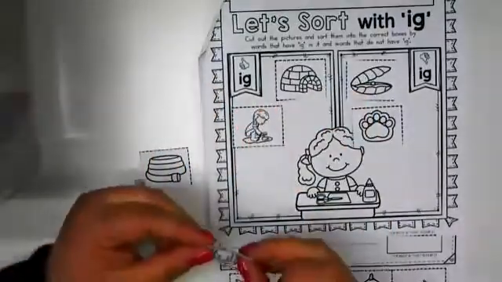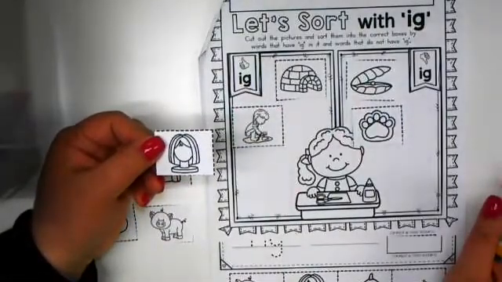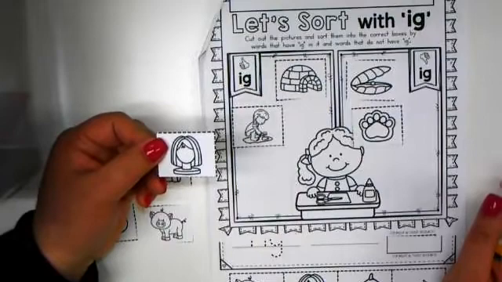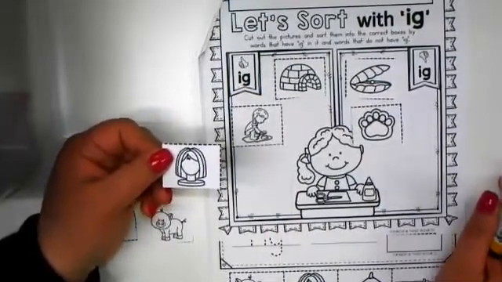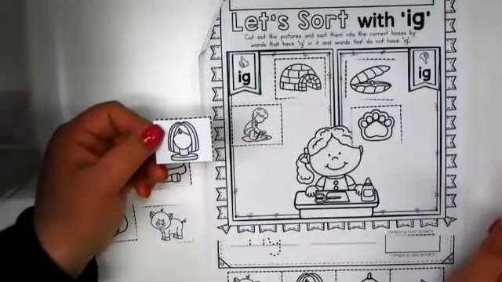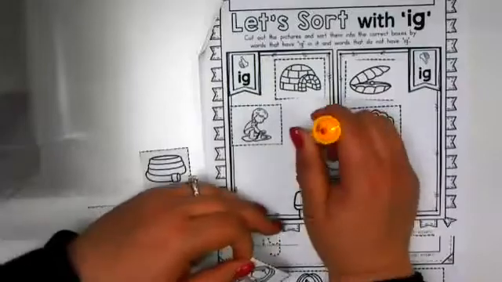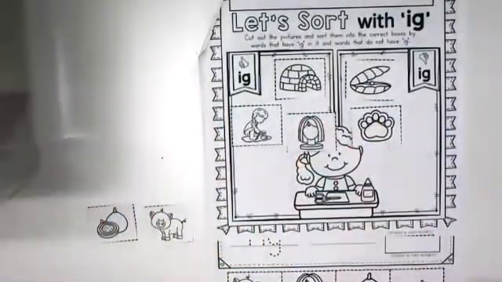Here's another picture. Wig. W-ig. Remember we talked about wigs, they're like fake hair that people can put on top of their heads that make them look like they have hair. So wig. W-ig. I hear the ig sound in wig. So let's put that there. Our next one, hose.